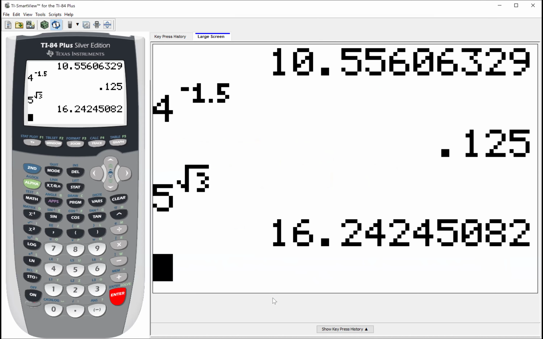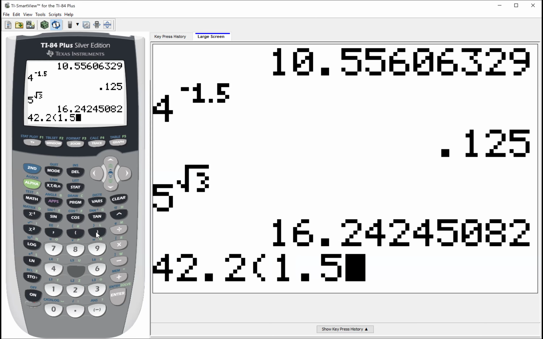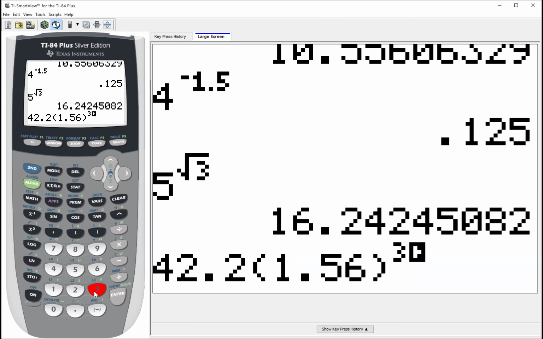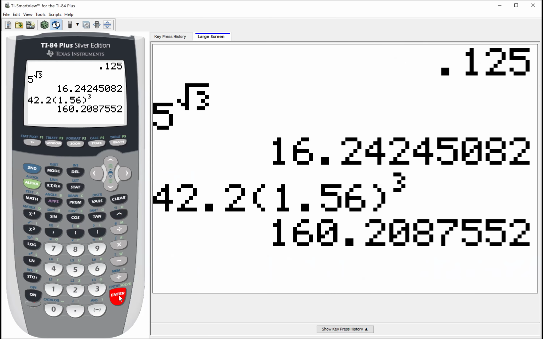So we have 42.2 times 1.56, and now we have to raise that to the third. And it says go to the nearest dollar, so it's about $160.21, but if we round that to the nearest dollar, it's about $160.